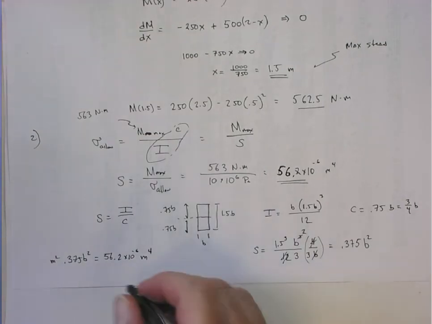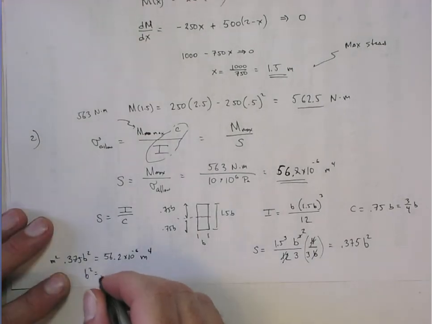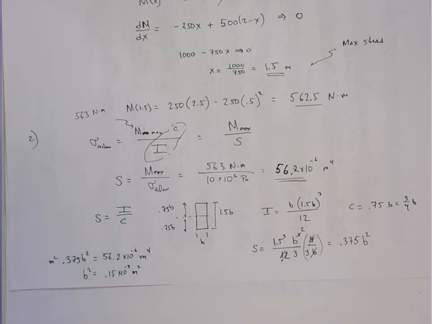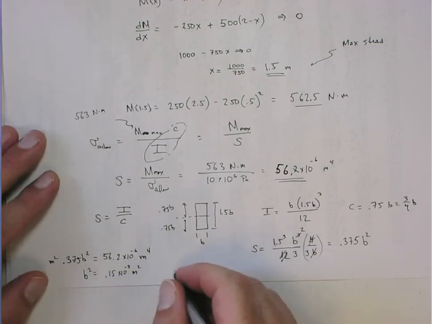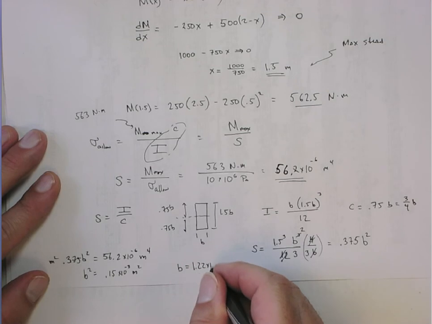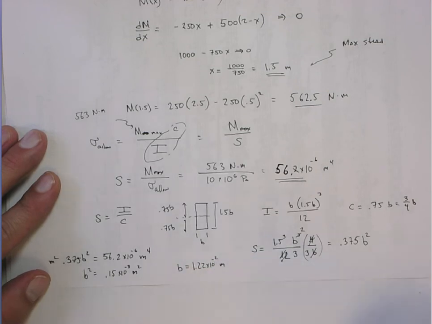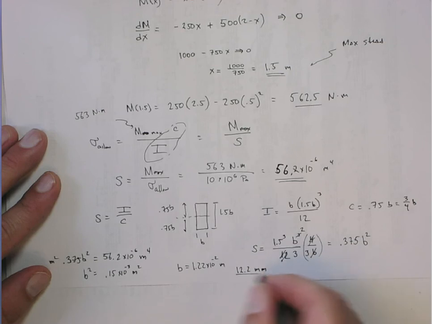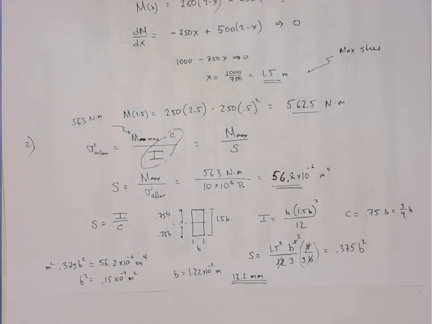This gives me b squared equals 0.15 times 10 to the minus third meters squared. Take the square root, and this gives me b is equal to 1.22 times 10 to the minus 2 meters, or that is 12.2 millimeters. Okay? All right. So that's B.